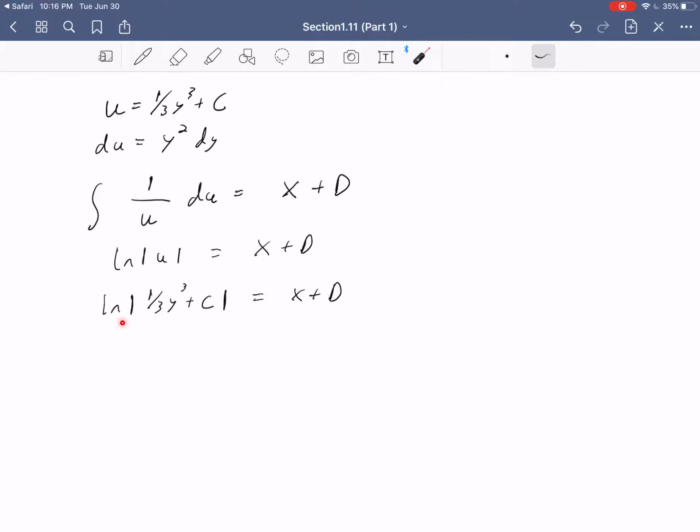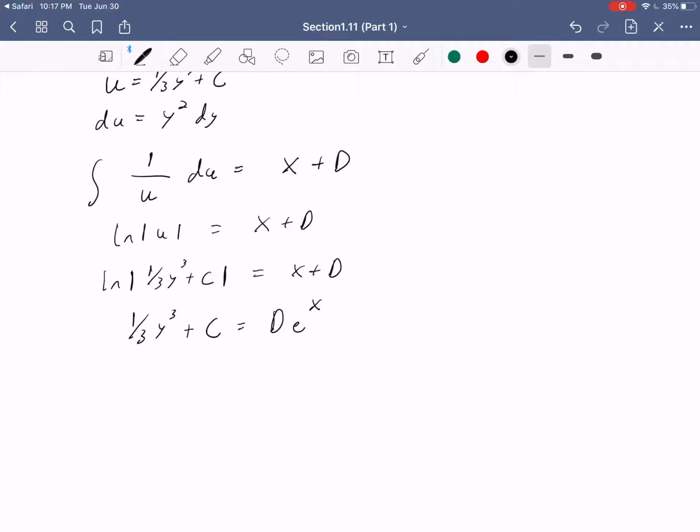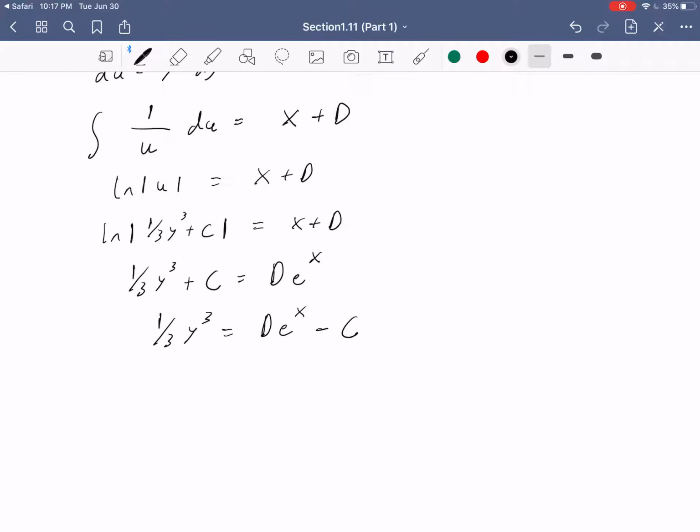I suppose if we want to, we can unpack the ln and get 1/3 y cubed plus c is going to be, well, we would get e to the x plus d, which we know that that d can slide down in front as a multiplication. So we get d e to the x. And I suppose then we can say 1/3 y cubed is d e to the x minus that other unknown constant.